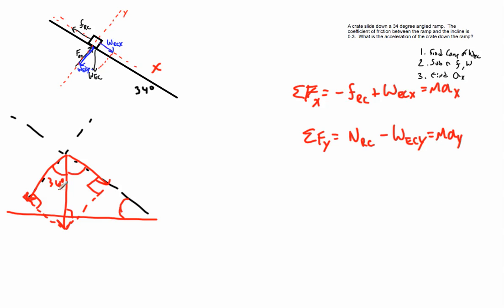Well, we can say that the sine of 34 degrees should equal the opposite side, which will be this side here, which is the same length as that side there, and that is the x component of the weight, divided by the hypotenuse, which is the weight.